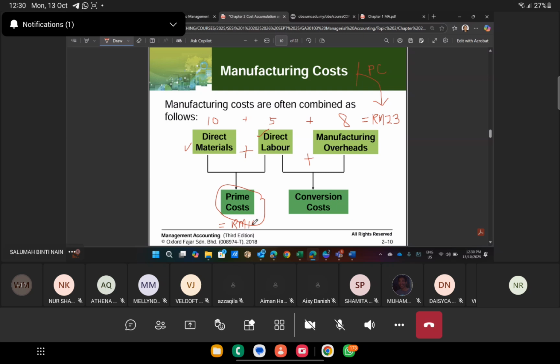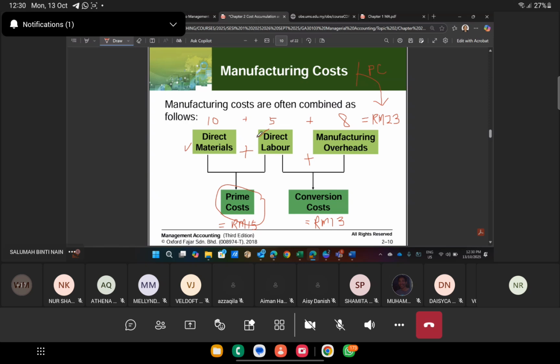So it's 15. Now calculate the conversion cost. So the conversion cost is 13. So this is another common question in your quiz, in your midterm.